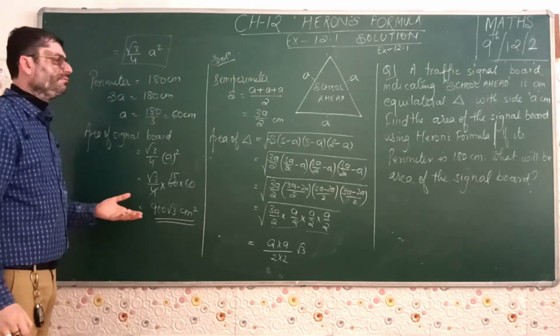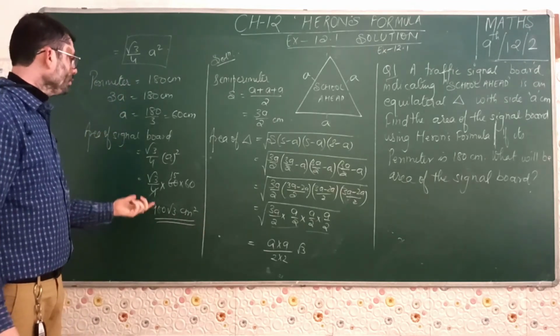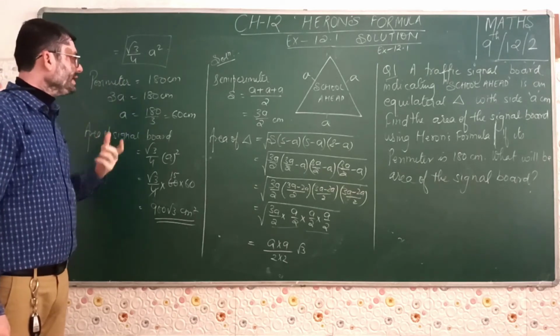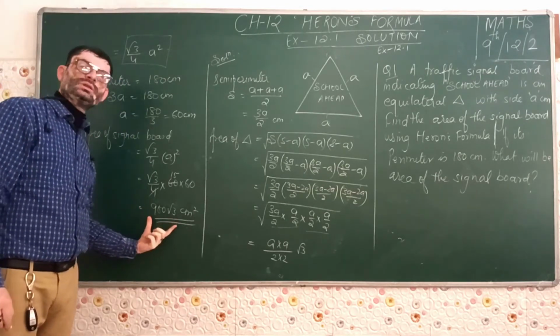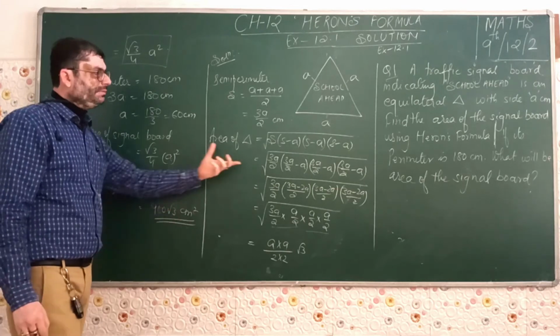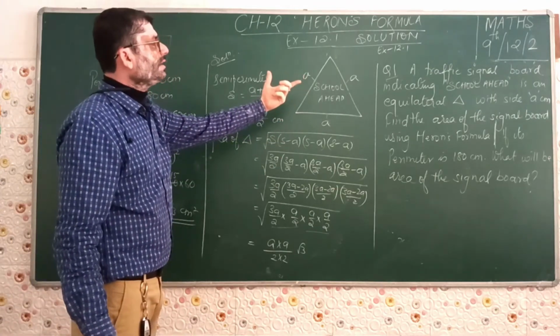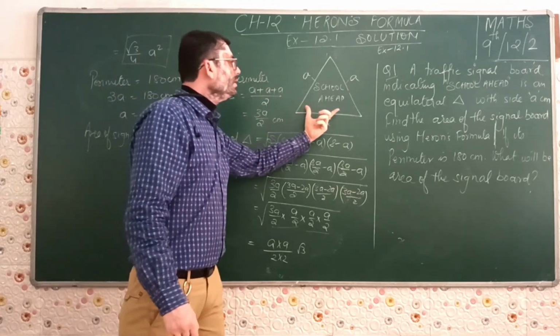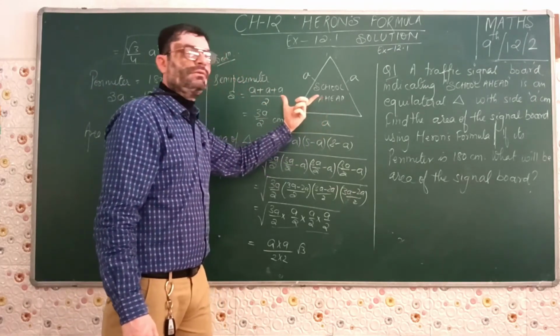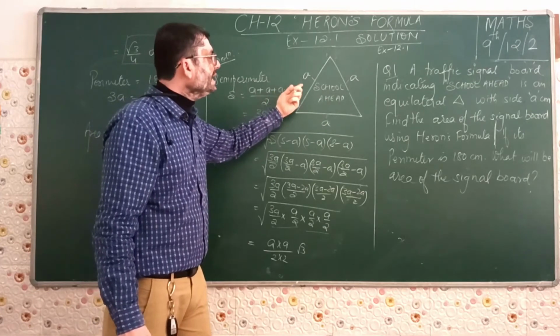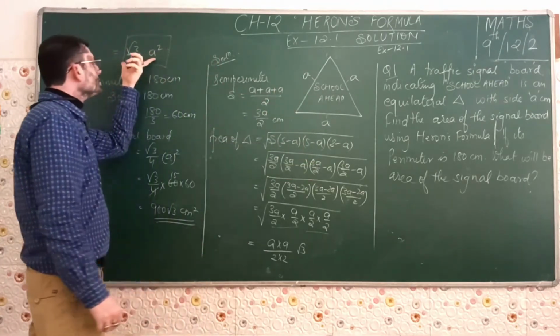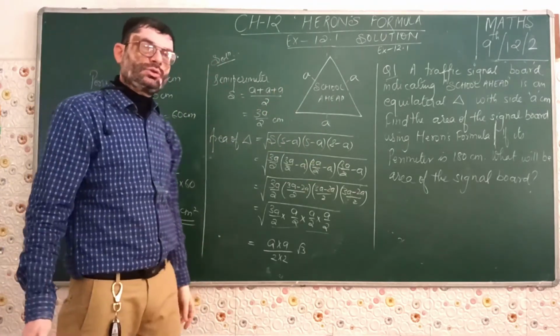So finally we have got the area of the signal board, taking the perimeter to be 180 centimeter, as 900 root 3 centimeter square. And previously we found using Heron's formula the area of that traffic signal board, which was shaped in equilateral triangle form with side a centimeter, as root 3 by 4 a square.